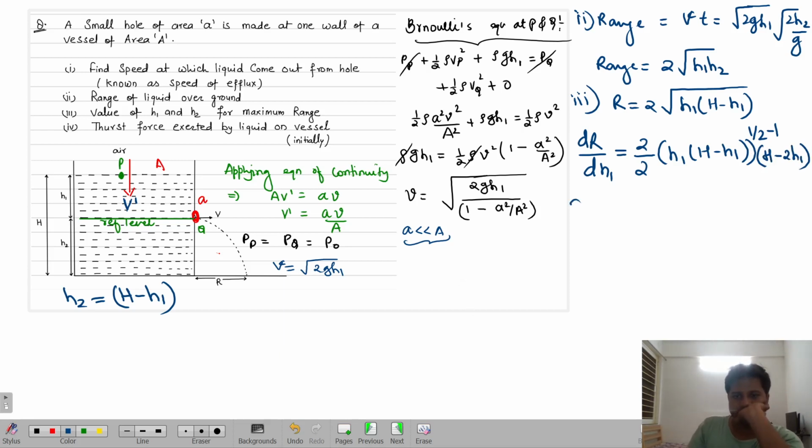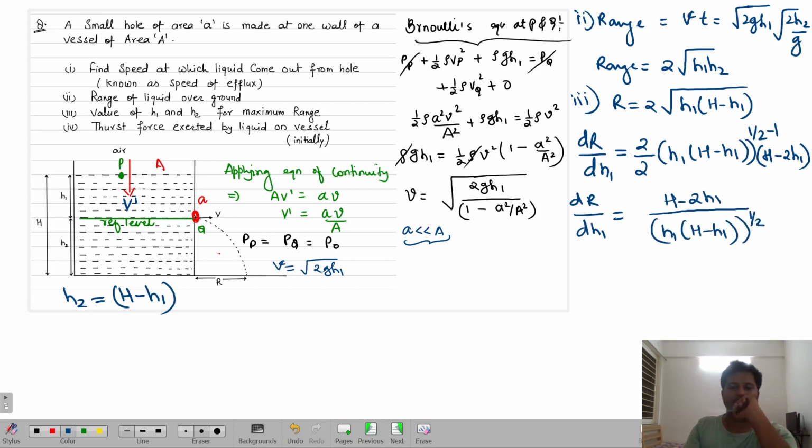So the relation is dr by dh1, 1 by 2 minus 1 is minus 1, so it will come as H minus twice of h1 divided by h1 into H minus h1, to the power of 1 by 2. Is that clear? And that I need to put equal to 0 to find maximum or minimum.